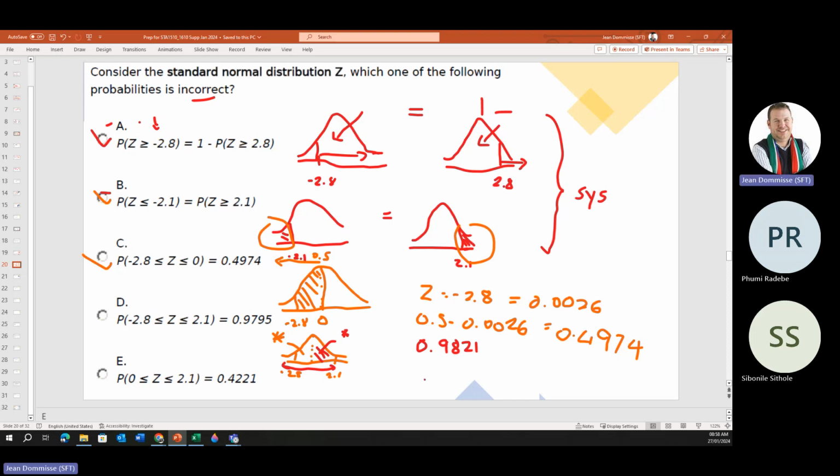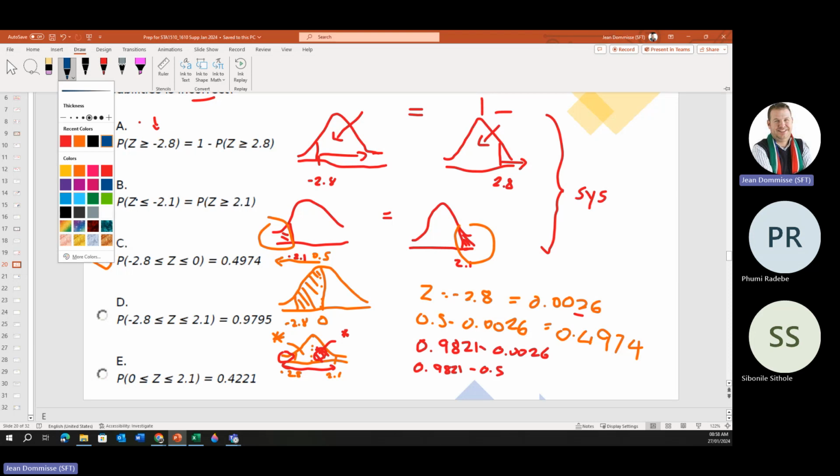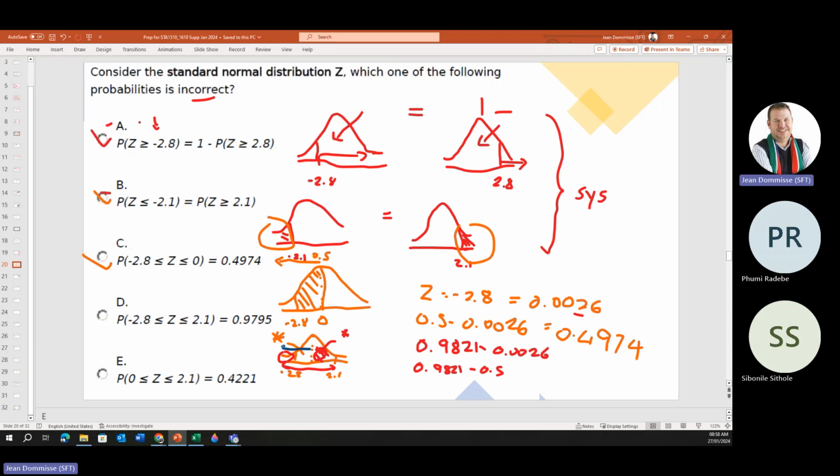So now again, we can do two things. We can use that whole area and only subtract that small area, which was the 0.0026. Or we can say, I only want to get to this space, so it is 0.9821 minus 0.5. And I did the minus 0.5 because that would be that whole area.